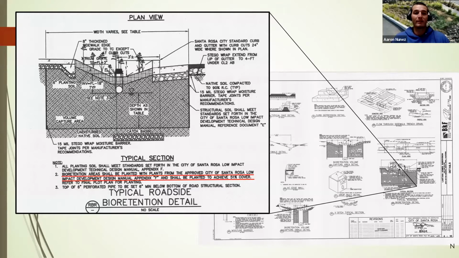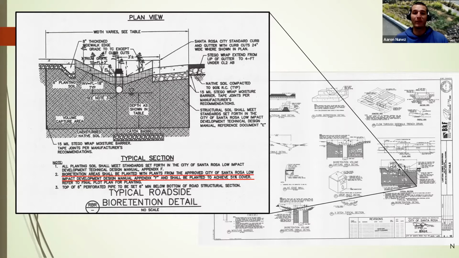But when it comes to these improvement plans and then the details, me as an inspector for a municipality of these LID features, to contractors and developers, this is what I would hold to more of a stringent point, where if I see this detail, and right here where it's underlined in red, that it's saying that these plants are going to be planted that are approved per our LID manual per Appendix F, and if I go out there and see that those plants aren't there, then I'm going to be holding you accountable to that.